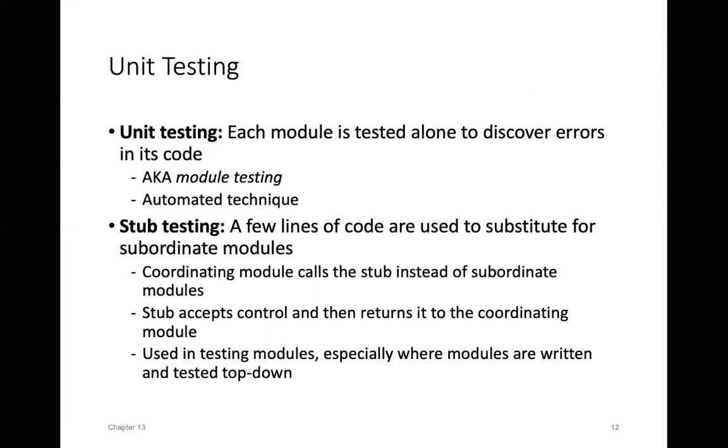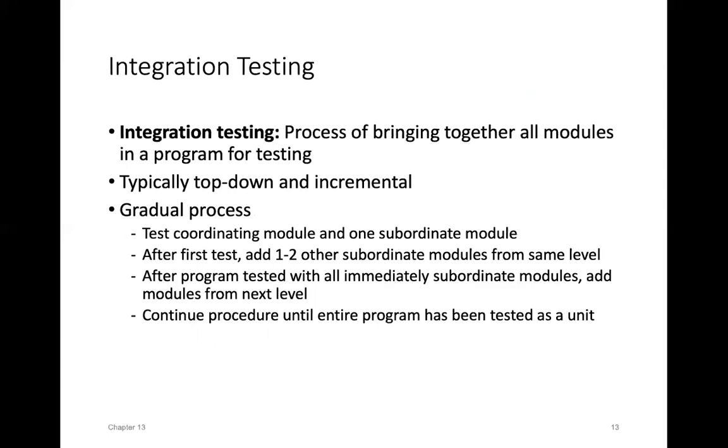Once we've done unit testing, we might go into what we call integration testing, which is where we integrate multiple modules in a program for testing. We'll start with our main modules and go top down and incremental. As you can see here, it's a very gradual process, so we very slowly build up. We've tested each module independently of each other, we've used stub tests, we've checked the program, we've done unit tests and walkthroughs and so on.